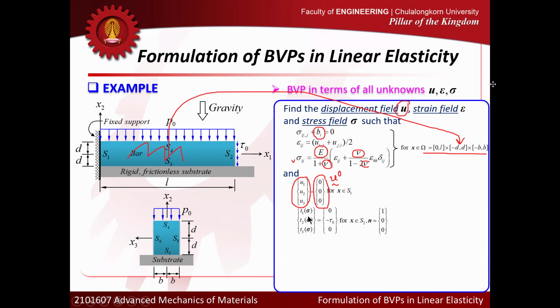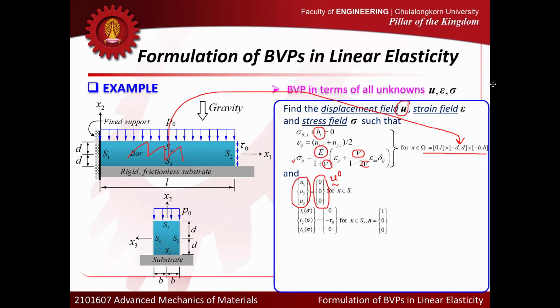Because if you don't give any relationship between traction and stress, no one is going to know how to check this condition, right? Because if you take a look at the formulation that we have here, the key unknown that we have is stress, not traction. So if you just simply set T1 equal to 0, T2 equal to minus tau 0, and T3 equal to 0, no one is going to know how to check that condition, right?